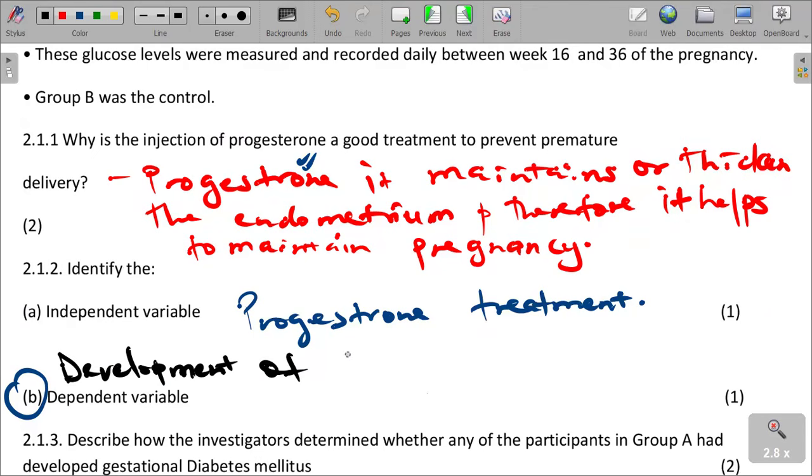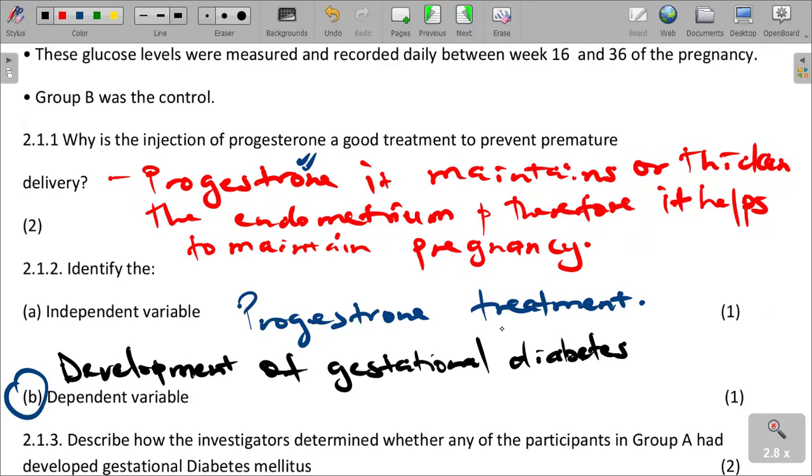Development of gestational diabetes is the dependent variable, because when these women are treated with progesterone, they develop the chances of gestational diabetes.